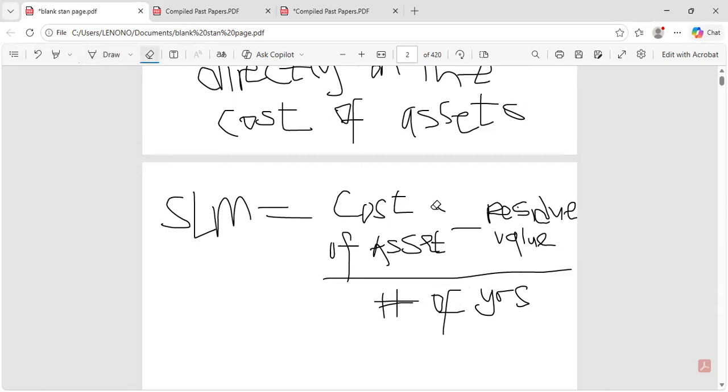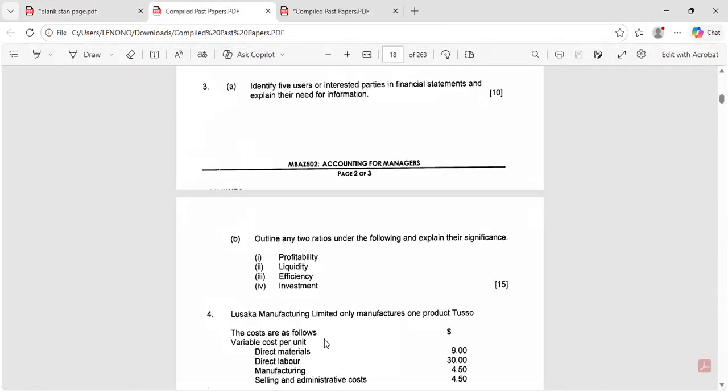So cost of asset minus residual value over number of years. Let's calculate this equation here.